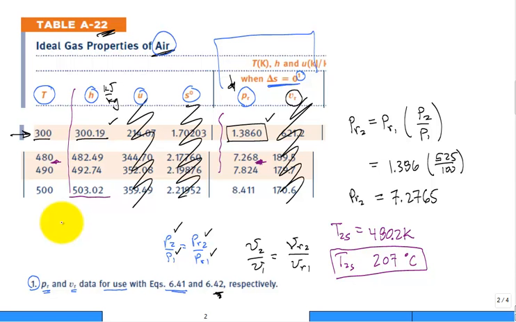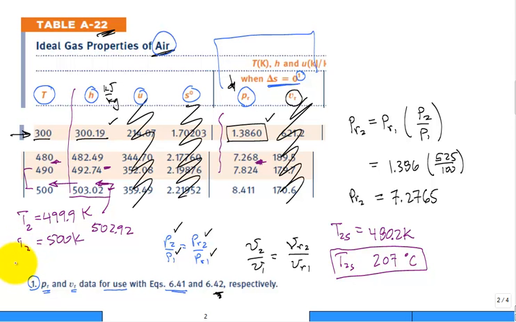So it's a little bit less. It's right in there. And that was 502.92. So we can interpolate between 490 and 500, between this value of H and that value of H, to find our actual exit temperature, and T2 actual is 499.9 Kelvin. Well, ignore the 499.9 and put that to be 500 Kelvin.